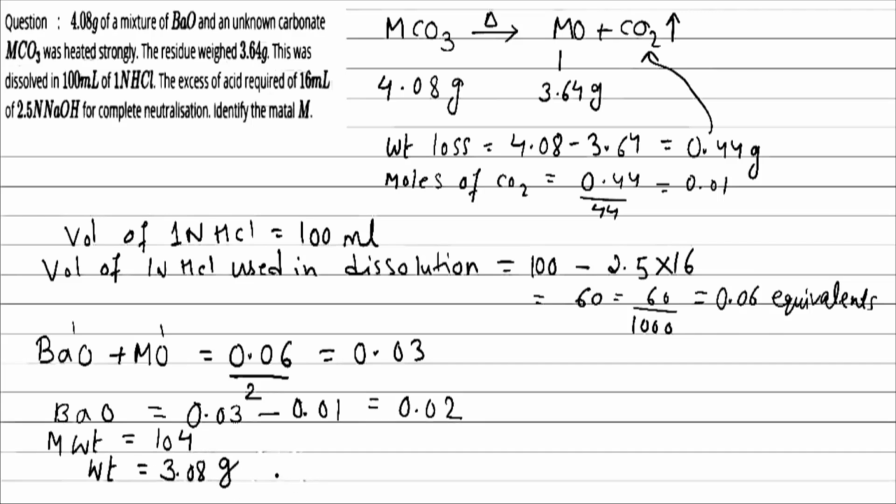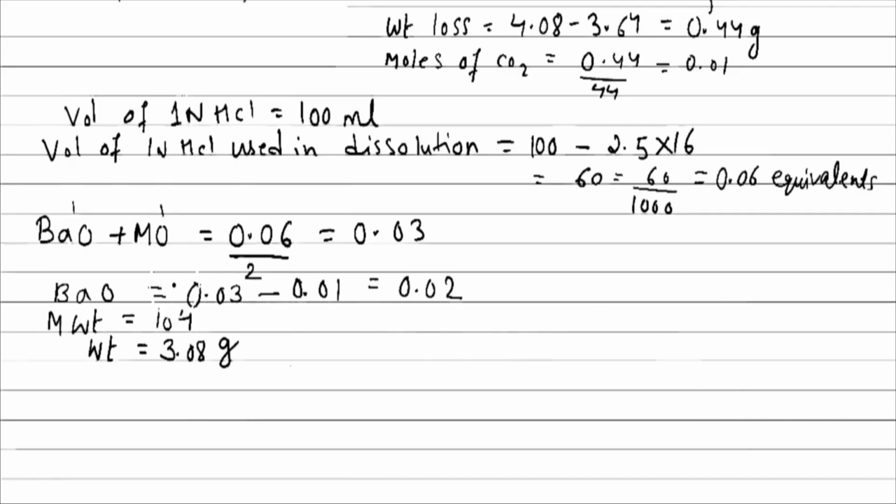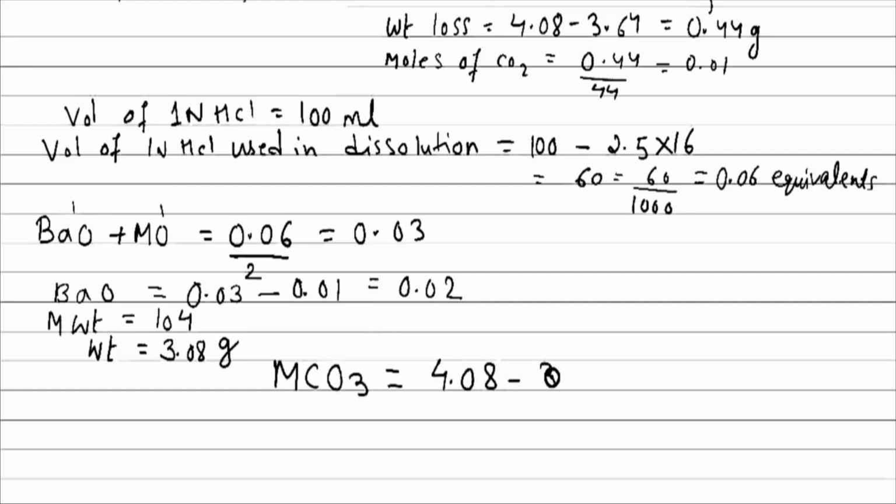Now let's proceed to the further question. We have to identify the metal. Keep in mind that it is MCO3. The total is 4.08, so let us subtract from that the weight of BaO, 3.08, in order to find the weight of MCO3.